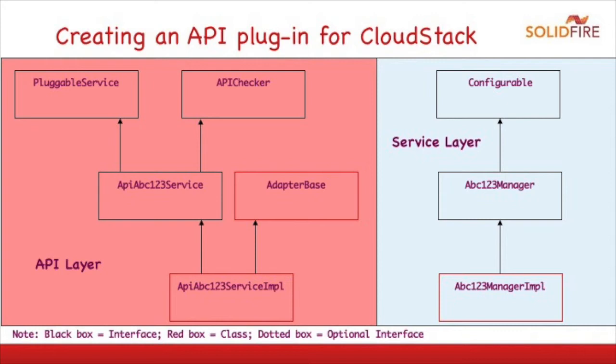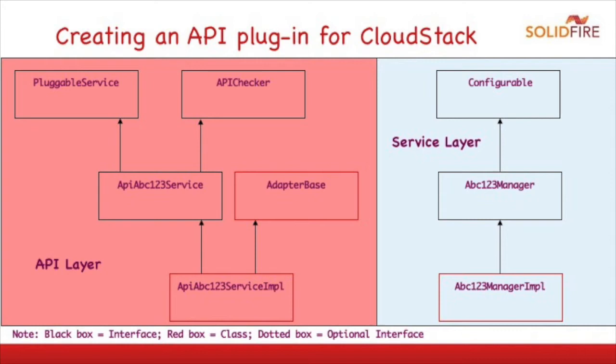To the left, this is a common Java paradigm: my class that ends with impl implements an interface that looks exactly the same, but without the impl part. So it's just an interface, API ABC123 service.